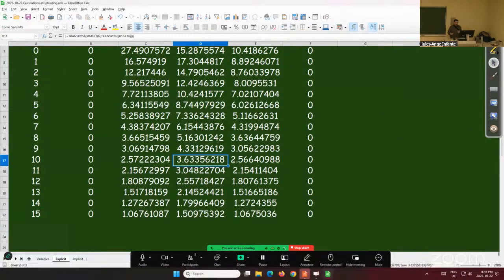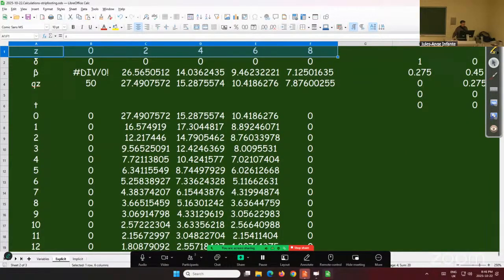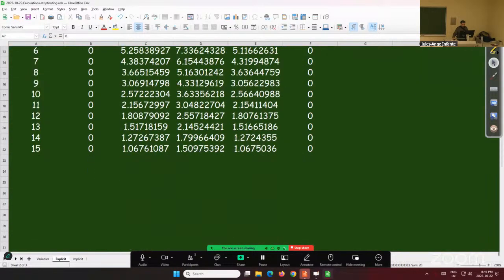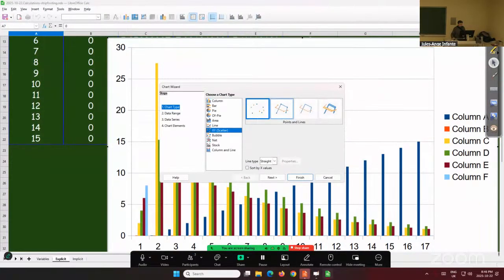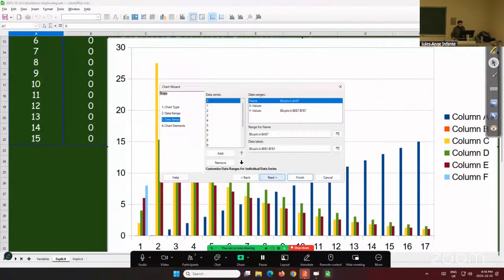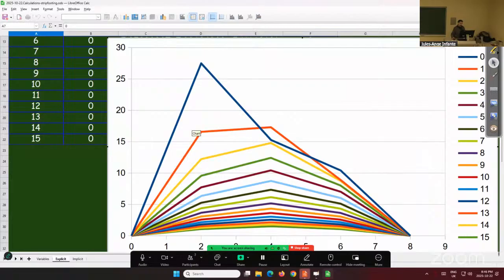So let's have a look at what we're getting here. Let's put graphs. Again, it's not the prettiest in the sense that we have very few points.